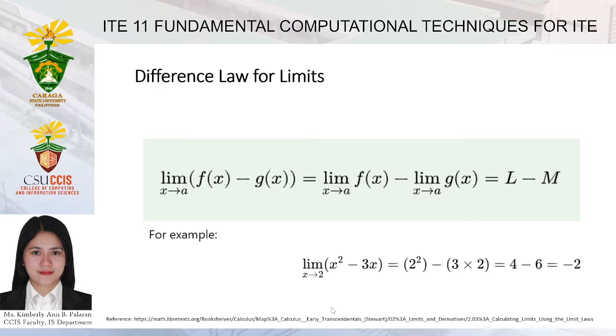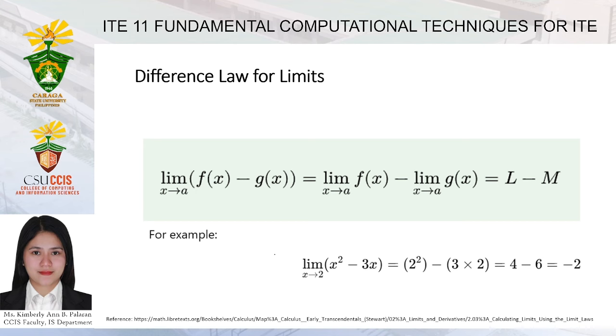First, let's proceed with the difference law for limits. So we have here the limit as x approaches a of f of x minus g of x is equal to the limit as x approaches a of f of x minus the limit as x approaches a of g of x. This rule works the same way as the sum law, but instead of adding, we subtract. It tells us that the limit of a difference is the difference of the limits.